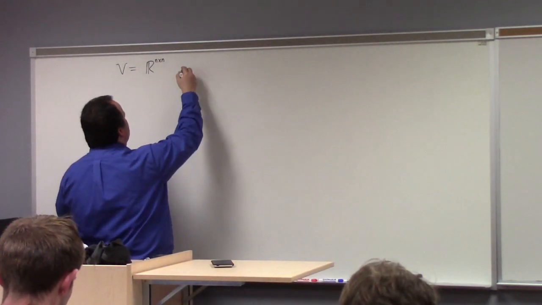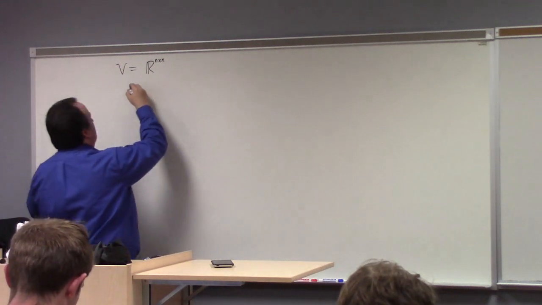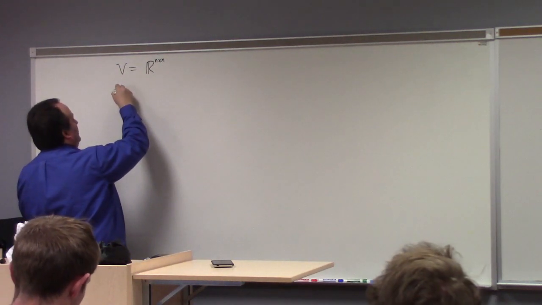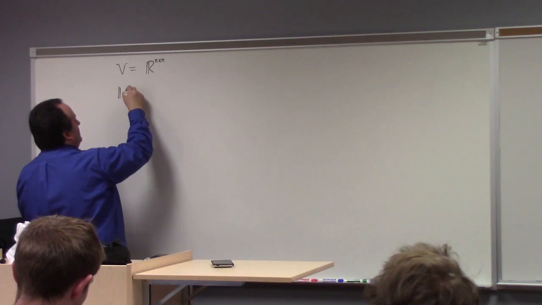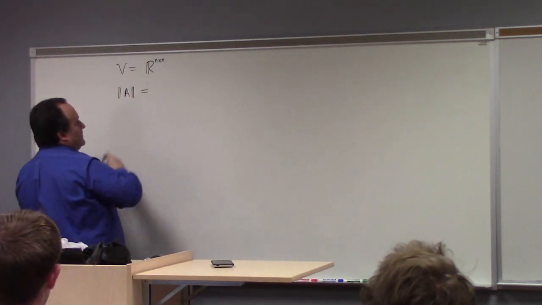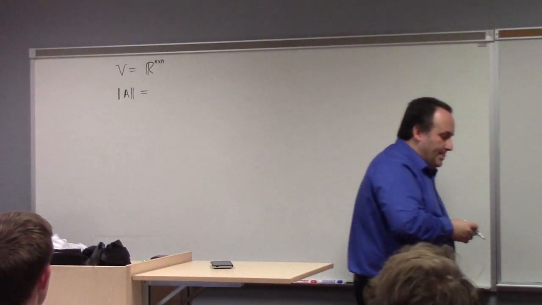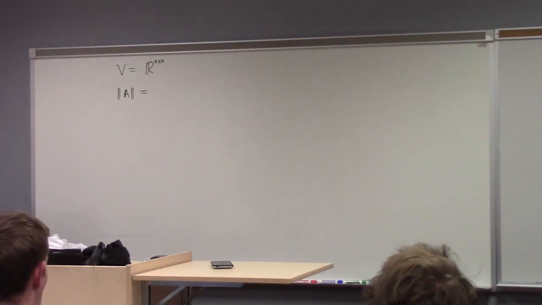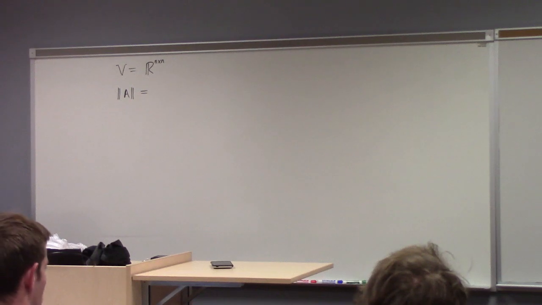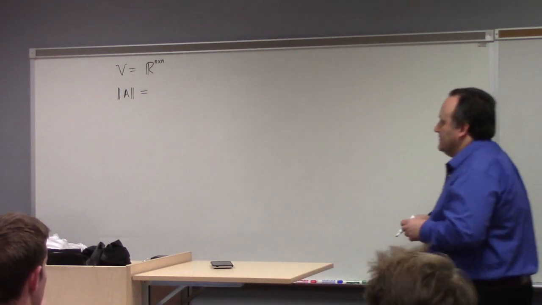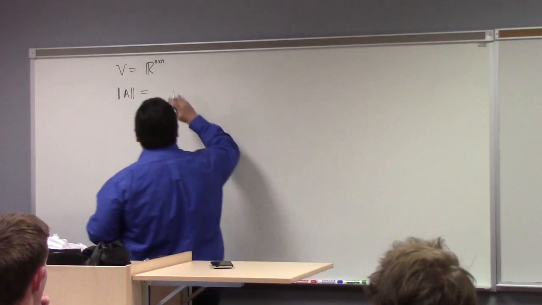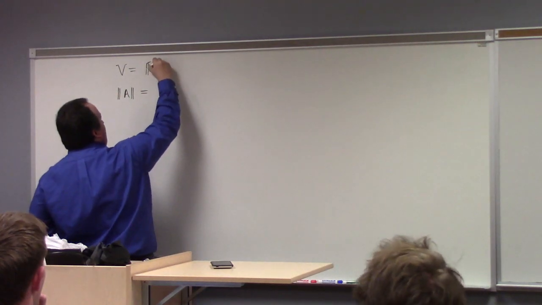So what would be a formula for the length of a matrix? Do you guys know? How would you define the length of a matrix if you were going to? And actually, I could even make this m by n if I wanted to.